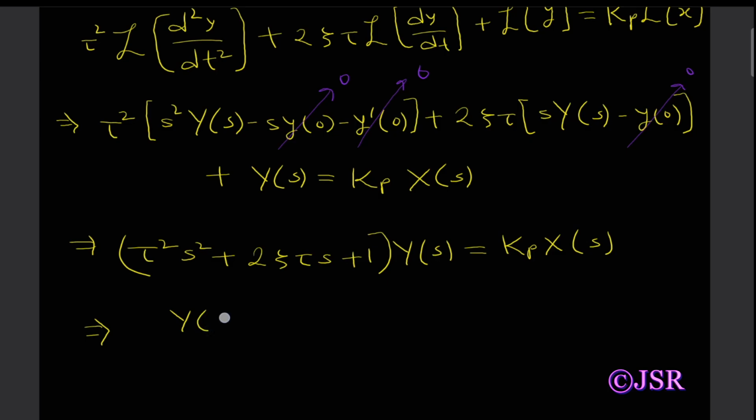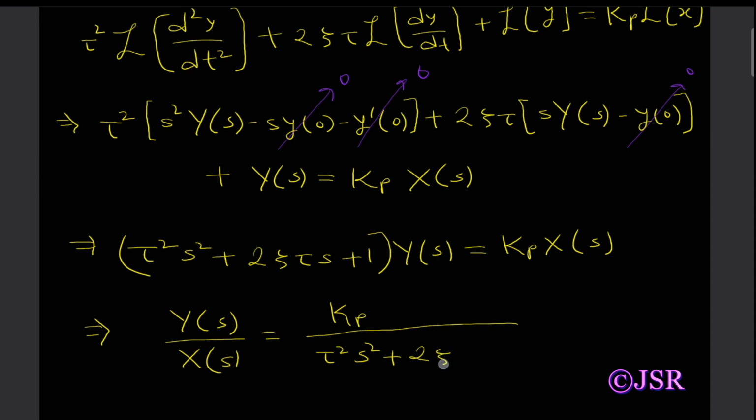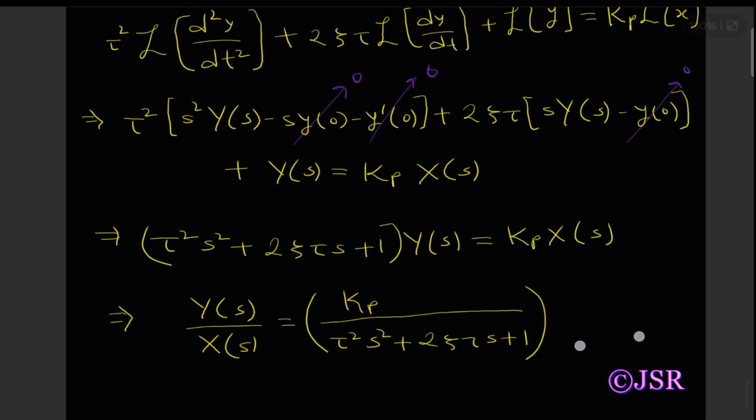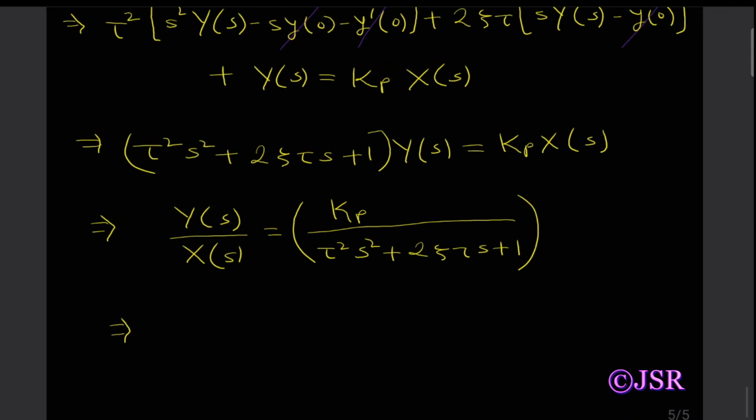So the Y of s upon capital X of s will be equal to kp upon tau square s square plus 2 zeta tau s plus 1, and this is the transfer function for second order system, kp upon tau square s square plus 2 zeta tau s plus 1.